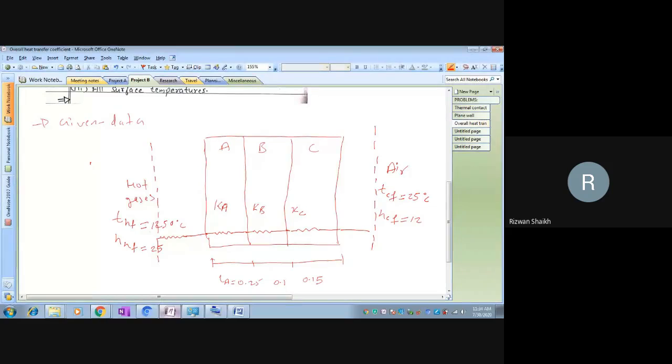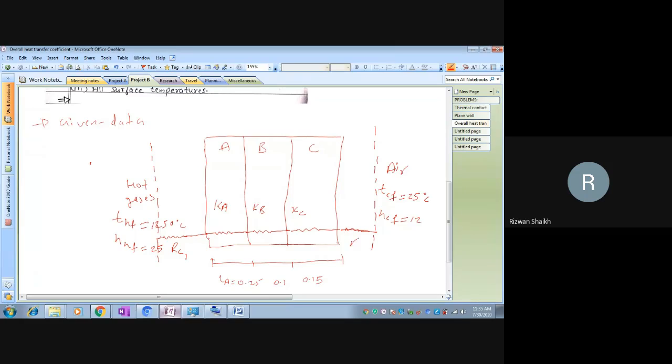So the data is sufficient. THF is given, HHF is given. So I consider the convective resistance to be here, RC1. Okay, and similarly, the data is sufficient at this position. So here also we have to consider one resistance.